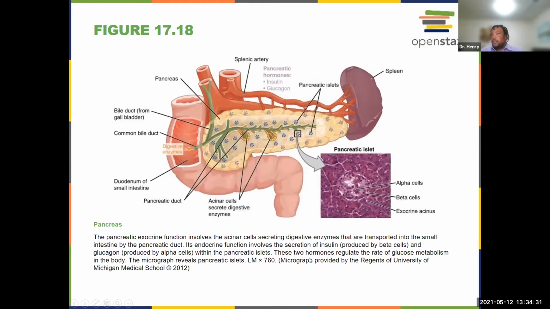So the pancreas is responsible for making a ton of our digestive enzymes.